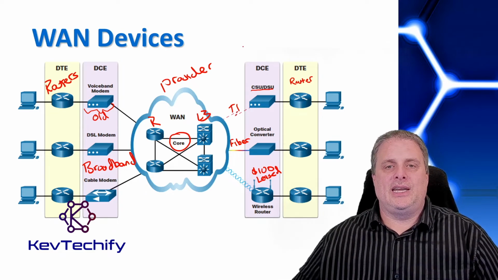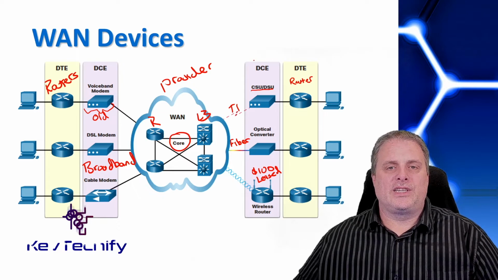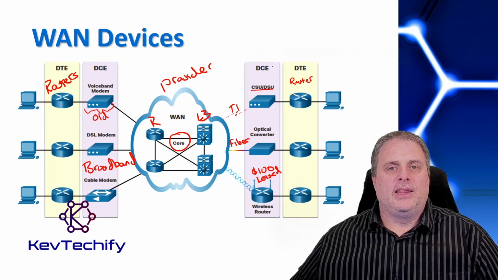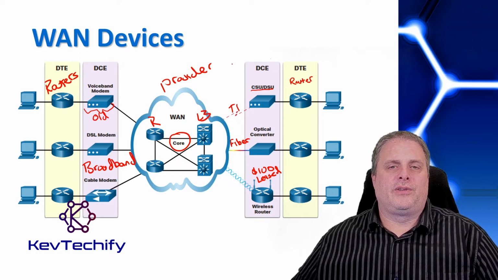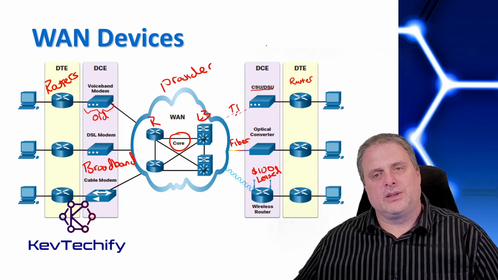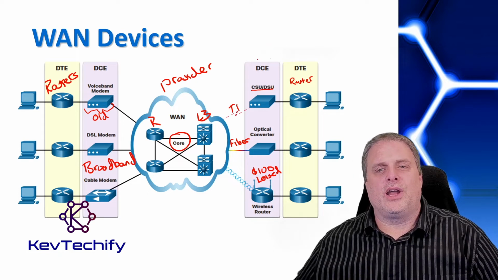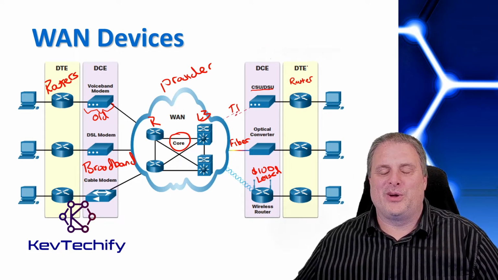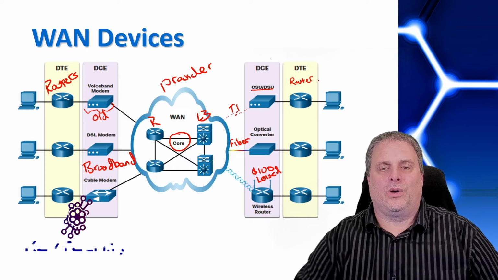But DCE here converts it from one signal to another signal. Typically think of that as modems. And you convert it in from your provider signal into a signal you can use on your network. And then the data terminal equipment connects it into your network.